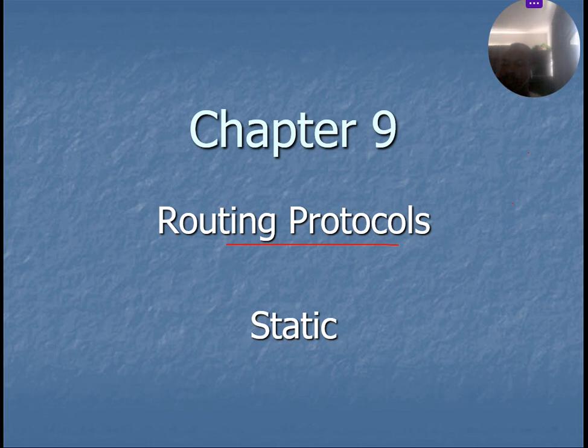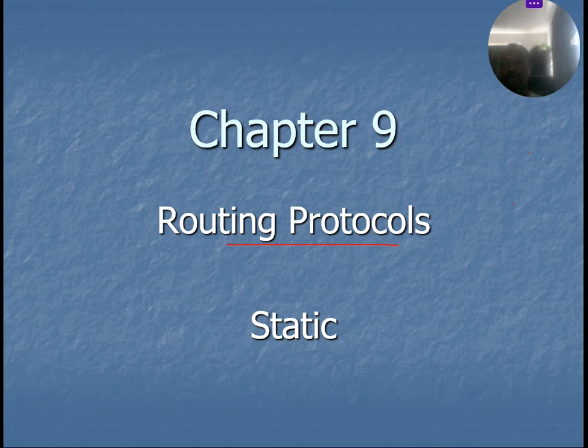They are manually configured by the network administrator by adding entries, such as the IP addresses, into the routing table. In some cases this may not always be the case, but most of the time this is what it is.